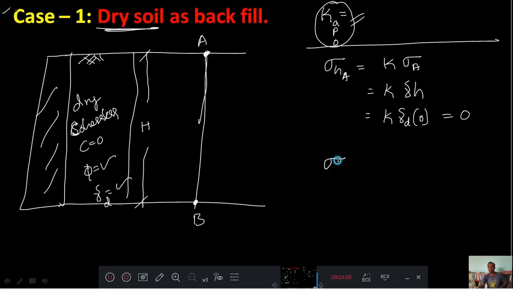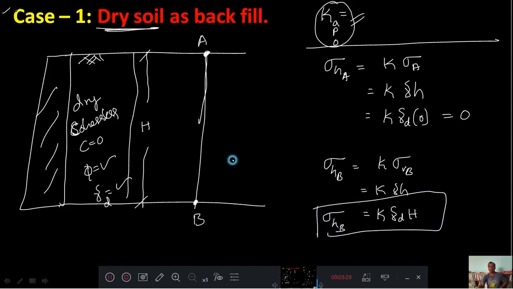Then sigma h at B equals K into the vertical stress at B, therefore K into gamma dry into capital H. This is your sigma h at B. They vary linearly, therefore I will draw the diagram. This is K gamma d into H.